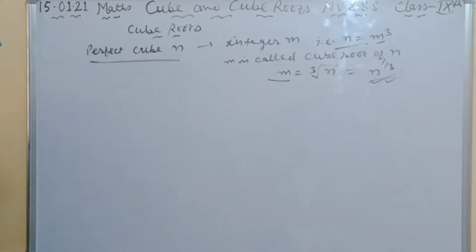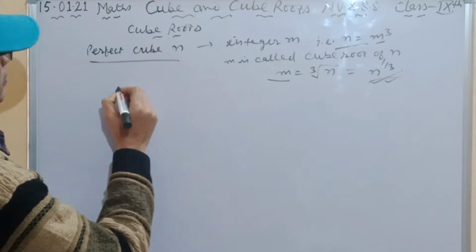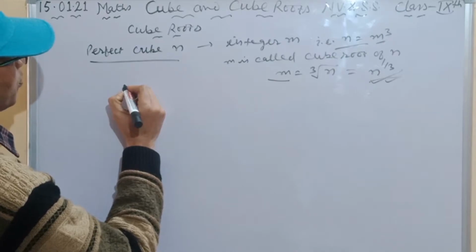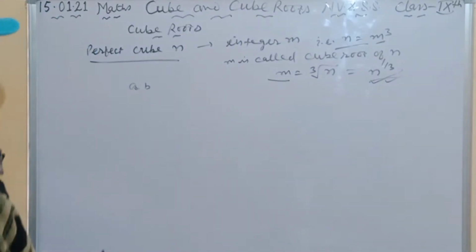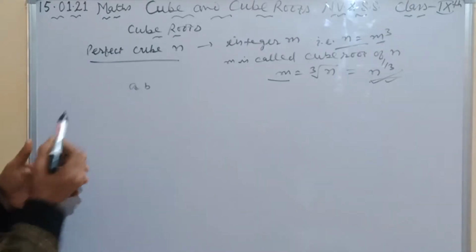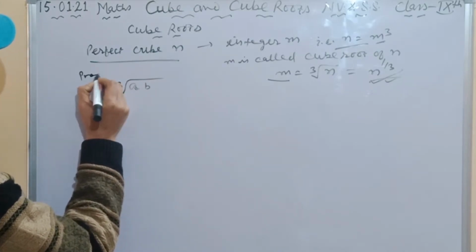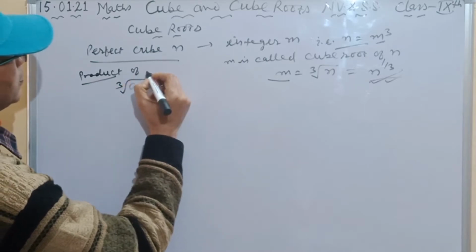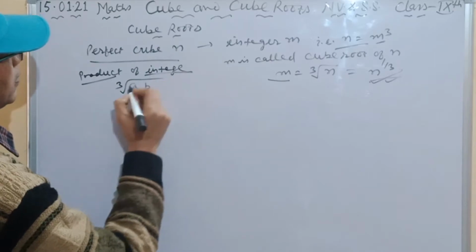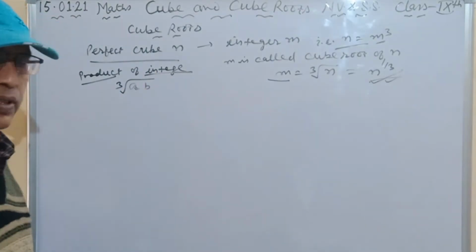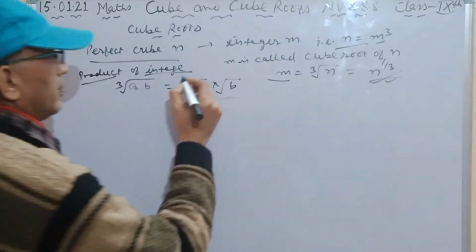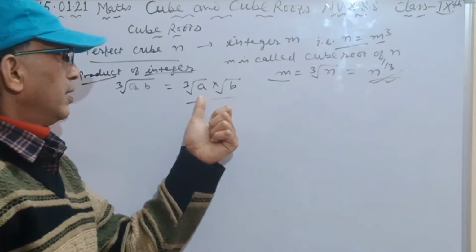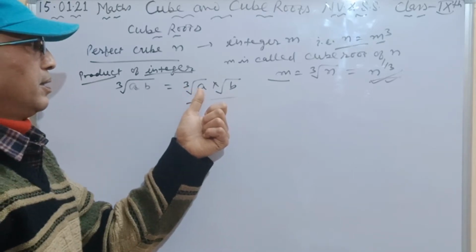If you see here, if you have to find the cube root of the product of the given integers, you can write it this way: you have to find the cube root of the integers separately.